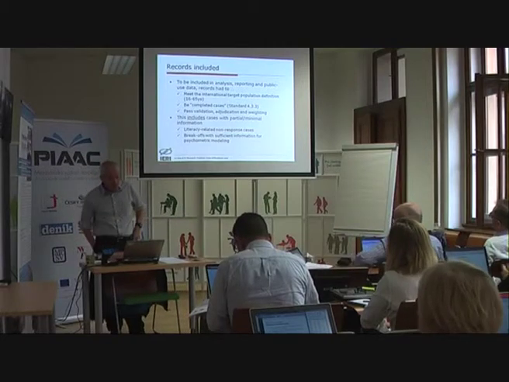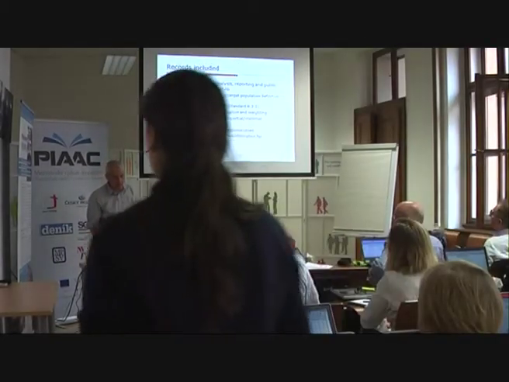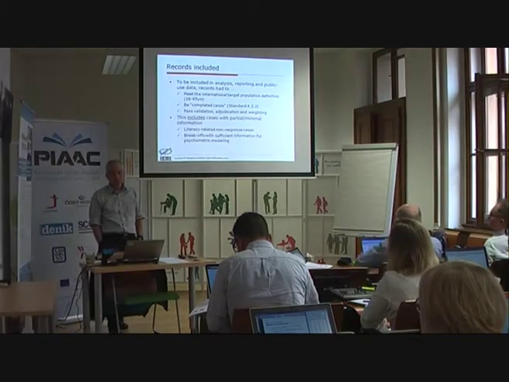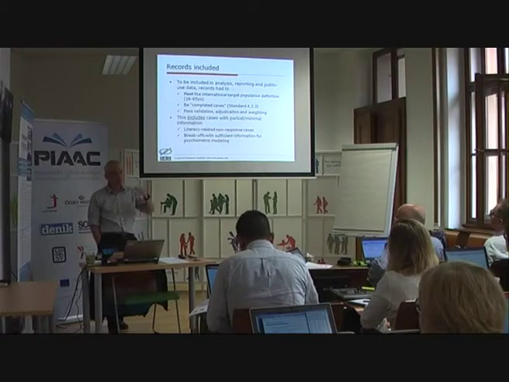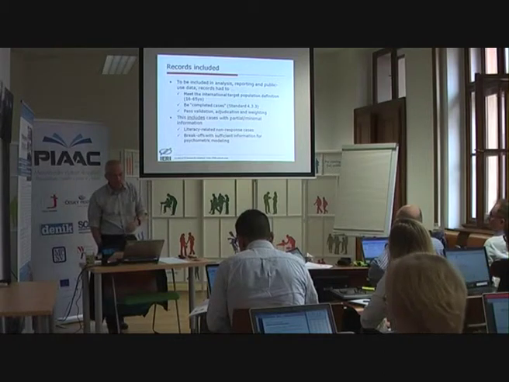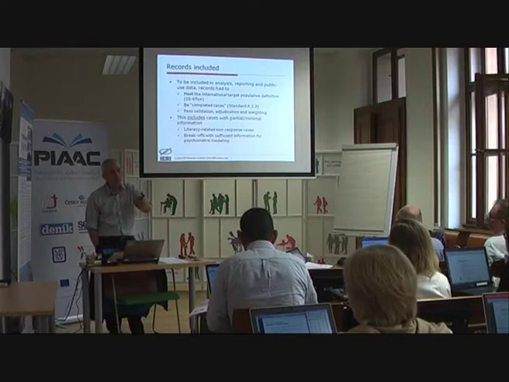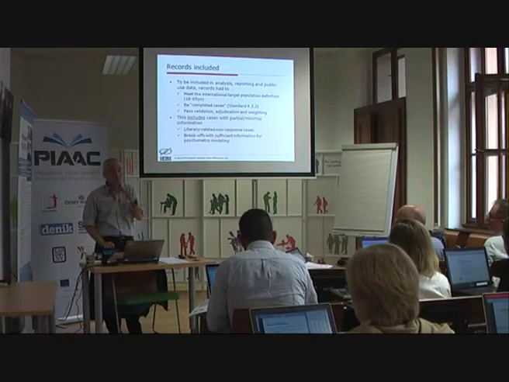So this includes cases with partial or minimal information, such as literacy-related non-response cases and breakouts, meaning people that were taking the test and all of a sudden stopped for whatever reason, but there was sufficient information to give them a score. And later today we'll talk about how we give people scores when they haven't completed the assessment.